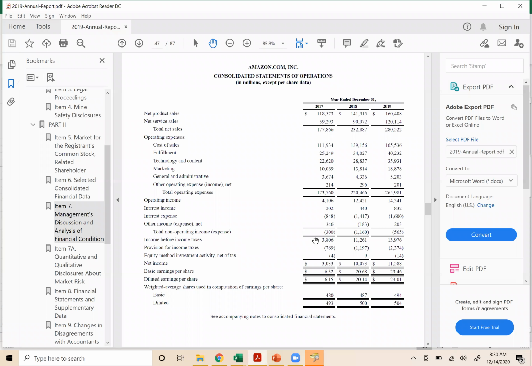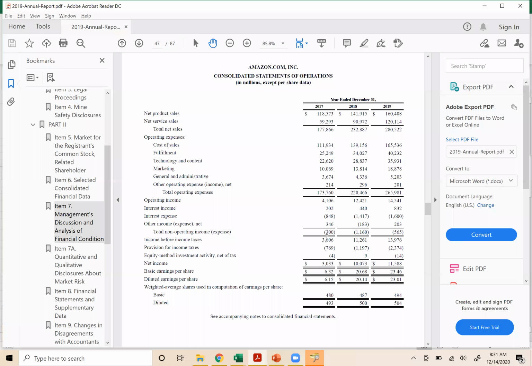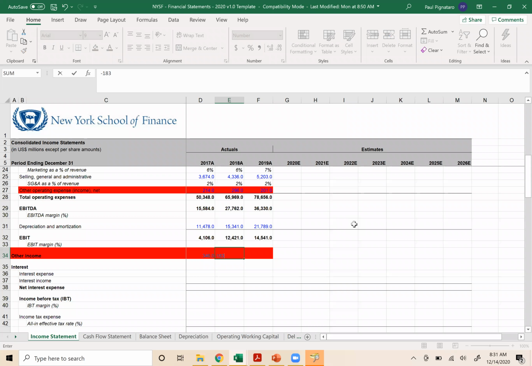For the sake of time, let's punch those numbers in. Other income, 346, 346. Okay. 183 and 203. Minus 183. And do it exactly as they did it. And 203.